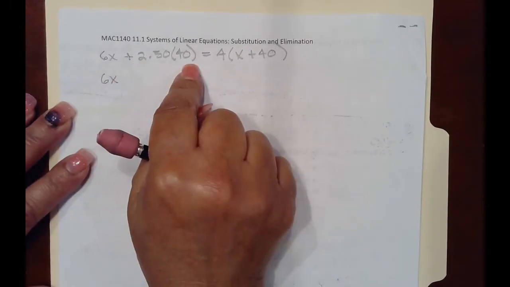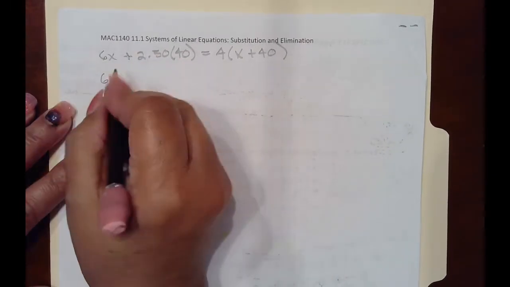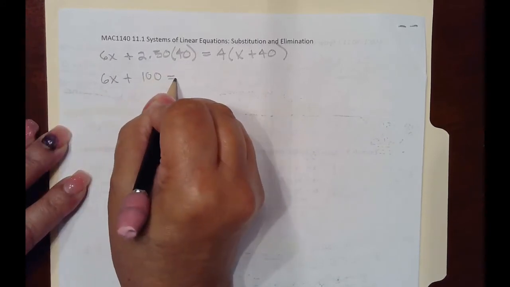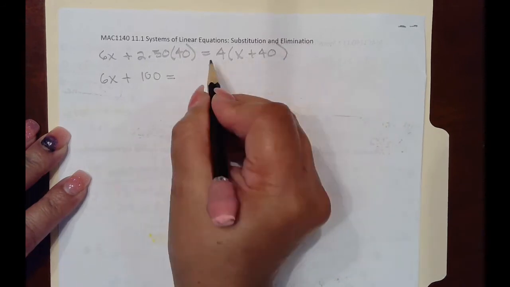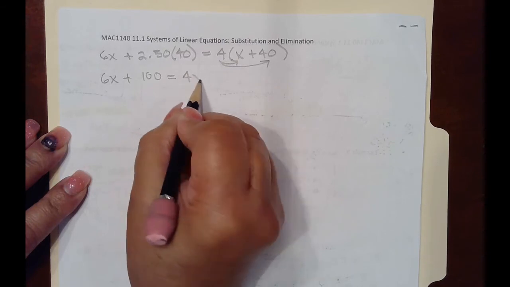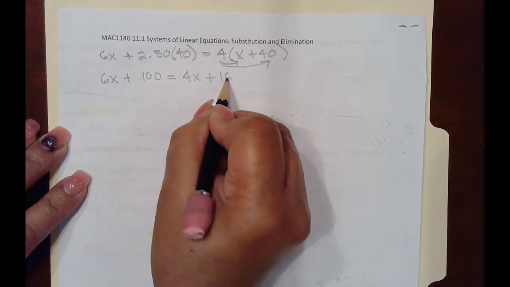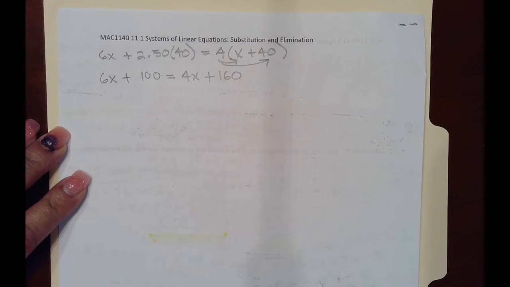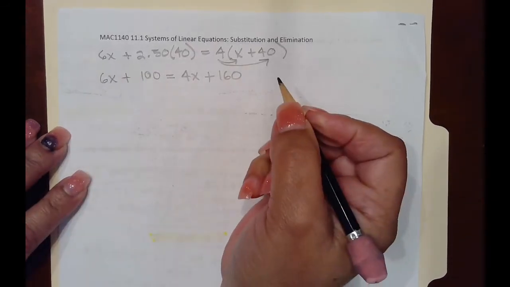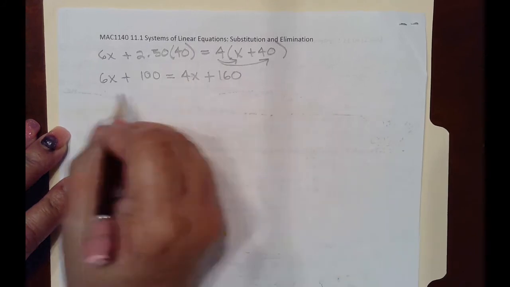So as we do this problem, I'm going to have 6x here. Then 2.50 times 40, you could put that in your calculator. That's 100. And then over here, it's going to be 4 times x as we distribute, and then 4 times 40. So 4x plus 160. Okay, and then to solve this, I'm going to bring all the x's over here.